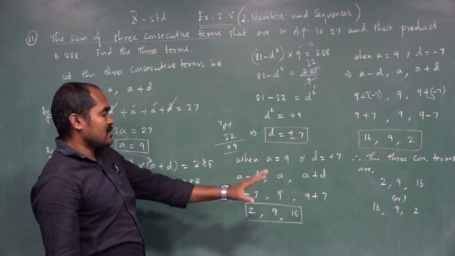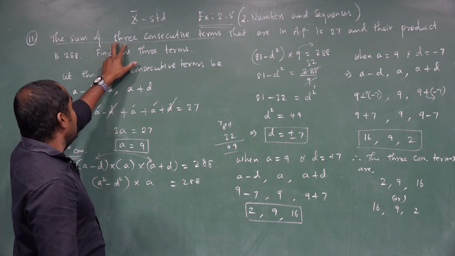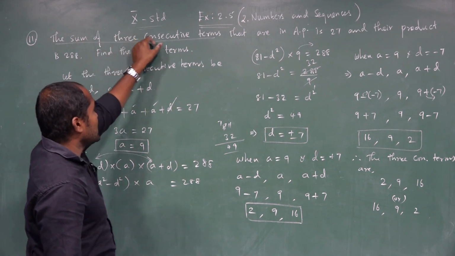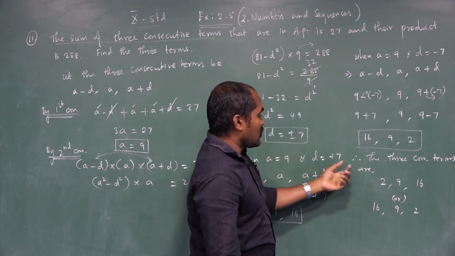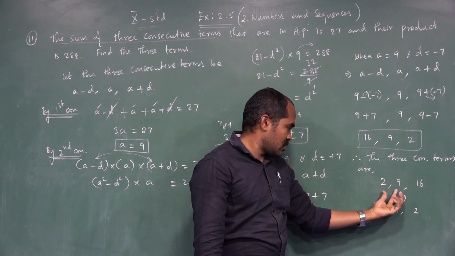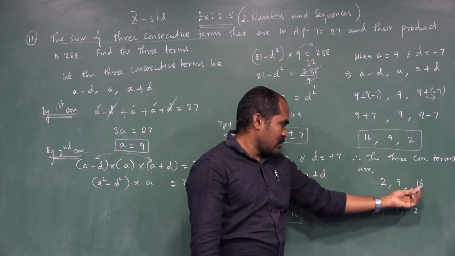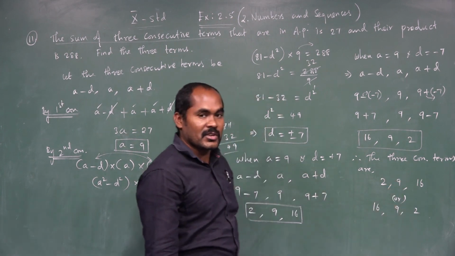Take 2, 9, 16. What is our first condition? The sum of three consecutive terms that are in AP is 27. Add these three numbers: 16 plus 2 is 18, 18 plus 9 is 27.